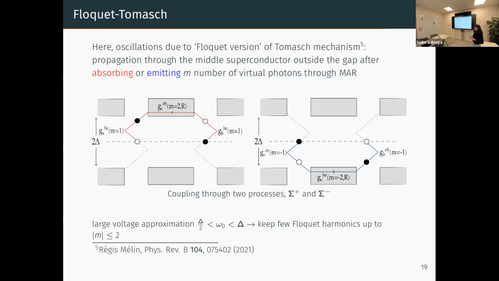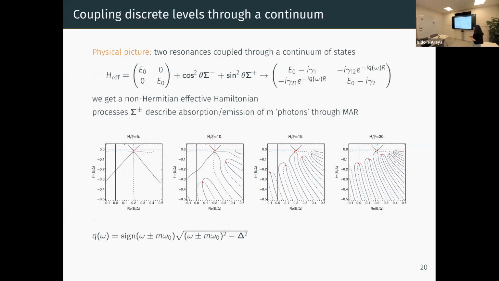Makes things easier for the equations, and I can actually, in the end, derive a kind of simple model to describe these resonances. The basic view is that we have two resonances, and they are coupled through a continuum of states.